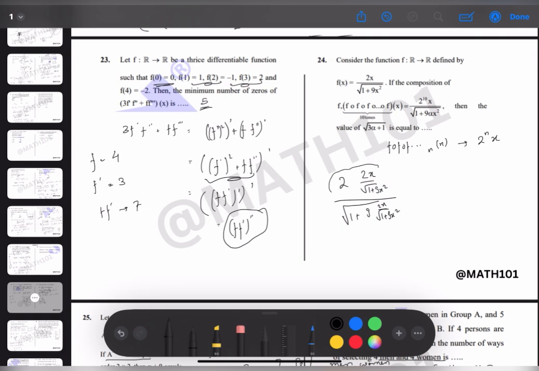So the numerator would simply be 2 into 2 times x, and the next time it would be 2 into 2 into 2 and so on, so it would be 2 to the power nx.